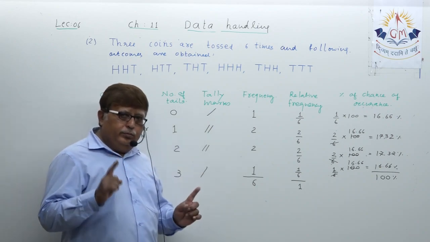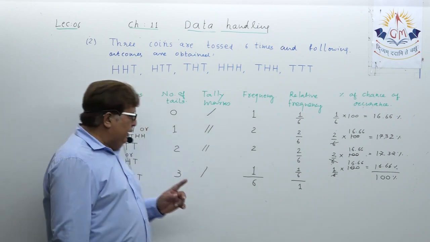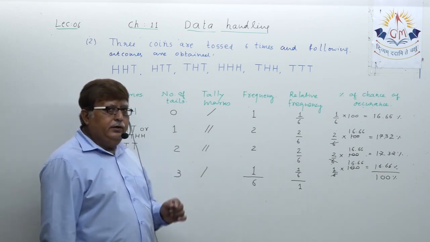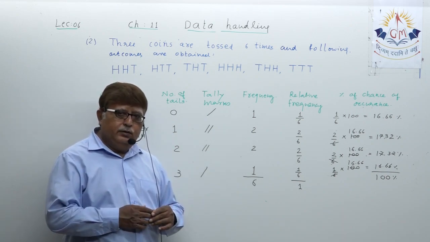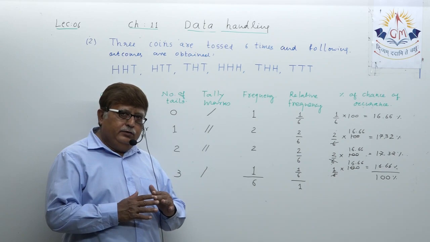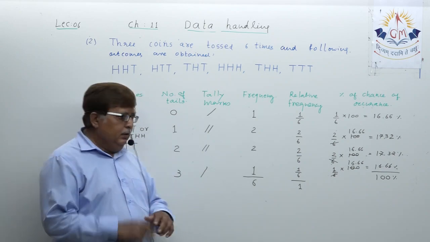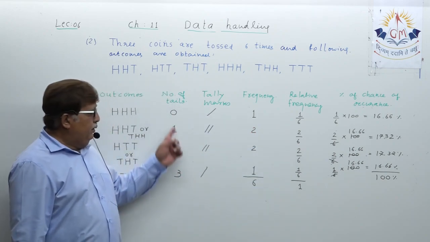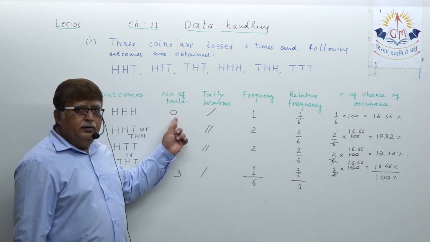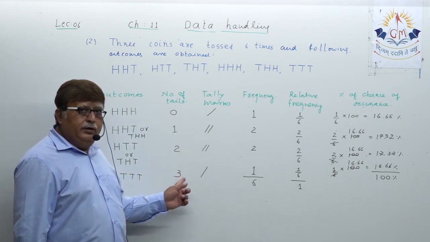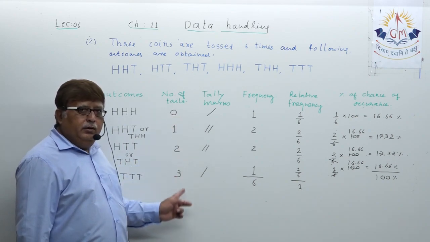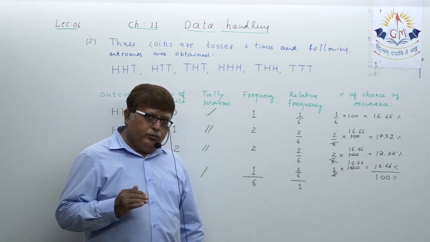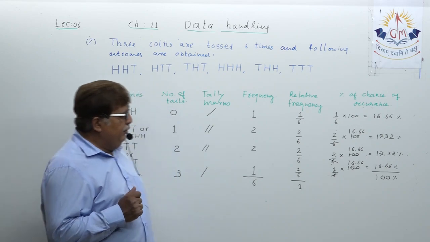The most probable outcomes are getting one tail or two tails. Which are the least probable outcomes? The least probable outcomes are getting no head, 0 meaning no head, or 0 meaning no tail, or 3 tails. These are the least probable outcomes. Okay, dear student.